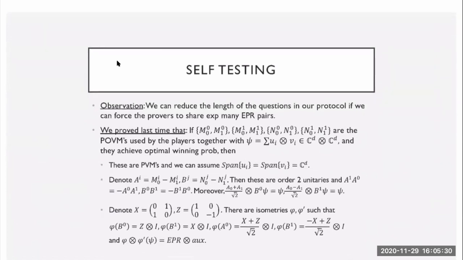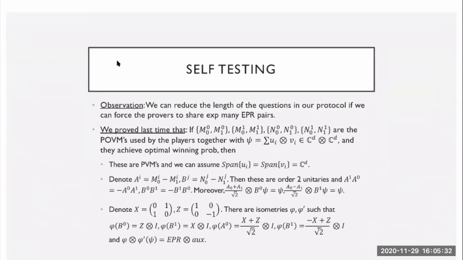So what did we have last time? We said that at least if the questions in the game are lines and points in some F2 vector space, we can force the players to share exponentially many EPR pairs, and we can force them to measure their EPR pairs with either the X basis or the Z basis accordingly.